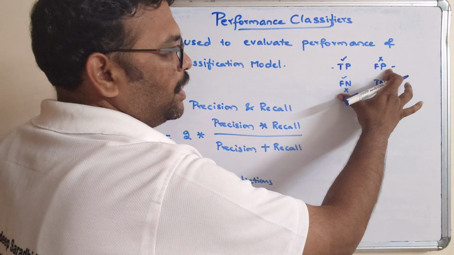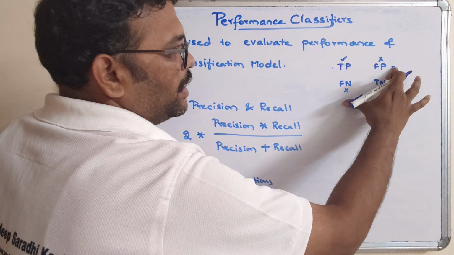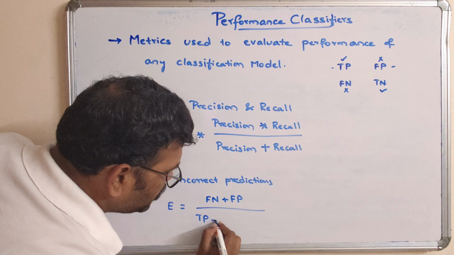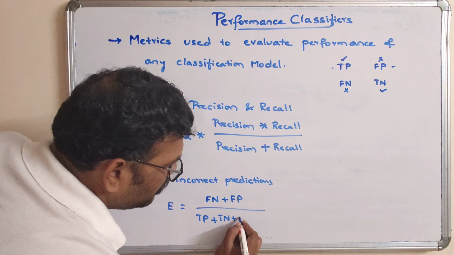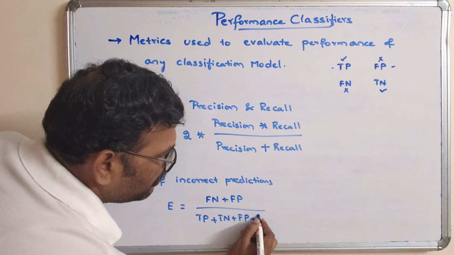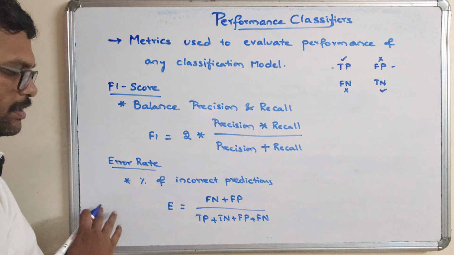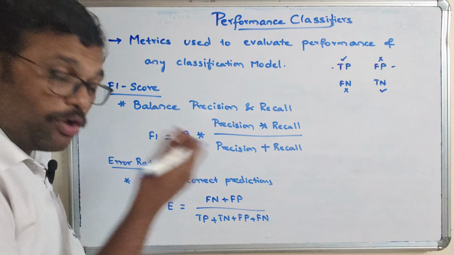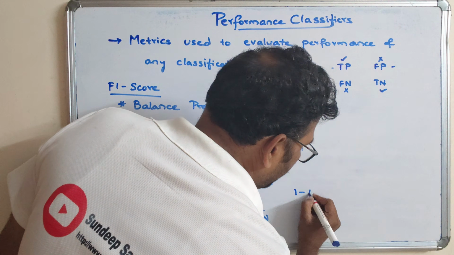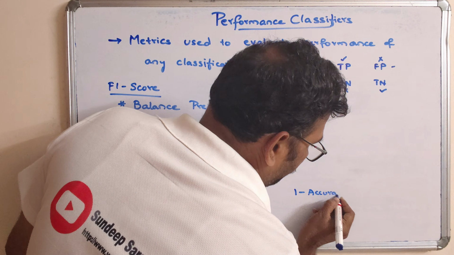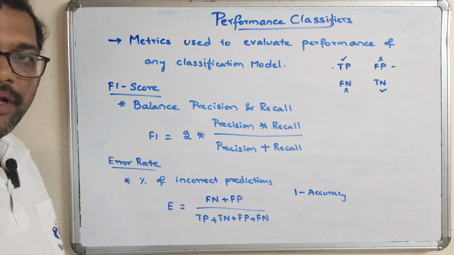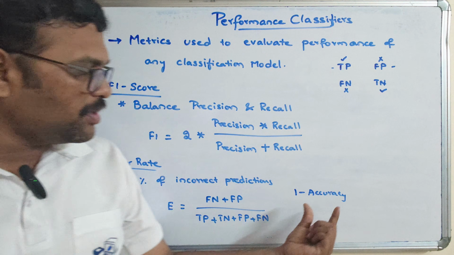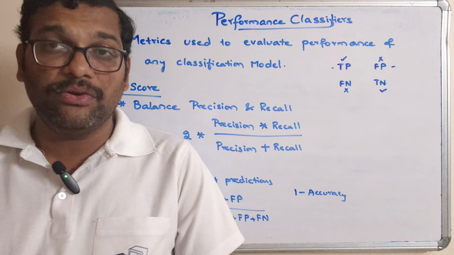Both are incorrect, right? Divided by true positive, true negative, false positive, and false negative. So this is the error rate, which is the percentage of incorrect predictions, and also we can say 1 minus accuracy.